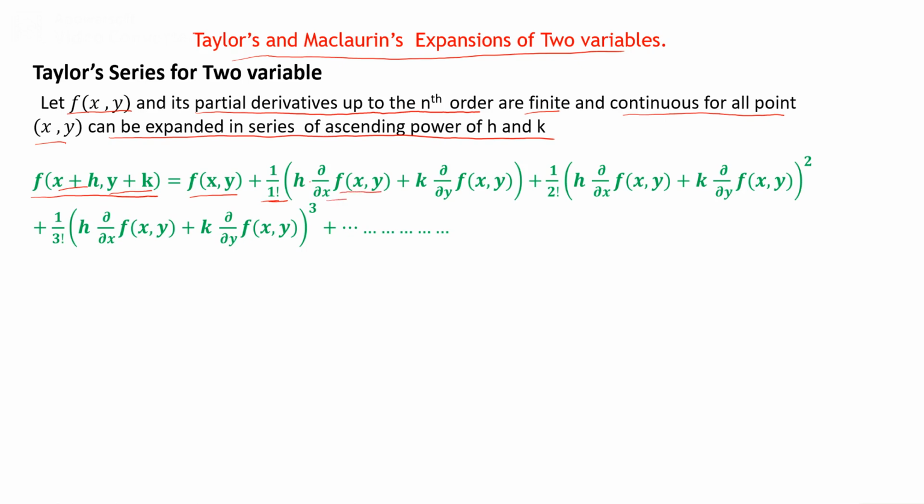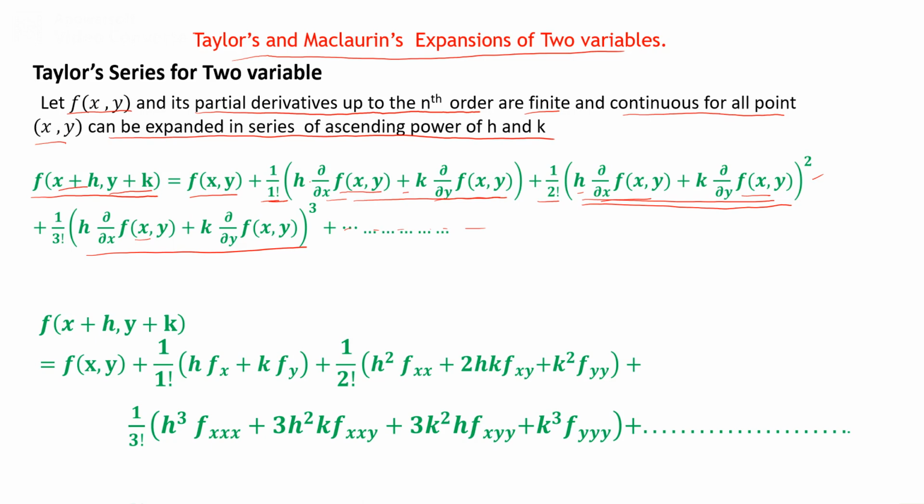Here we use the partial derivative because the function is of two variables, plus k del upon del y of f(x,y), plus 1 by factorial 2 times h del upon del x of f(x,y) plus k del upon del y of f(x,y) whole square, and similarly 1 upon factorial 3 times that part we take the cube, h del upon del x of f(x,y) plus k del upon del y of f(x,y) whole cube, and in the similar way we write the series up to infinity.